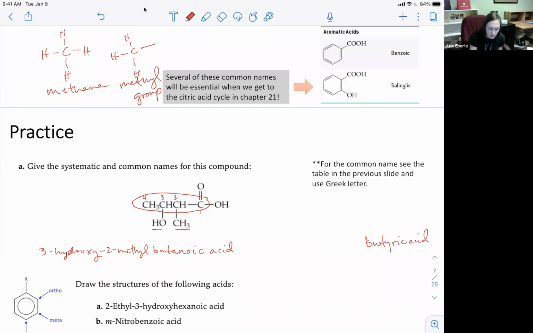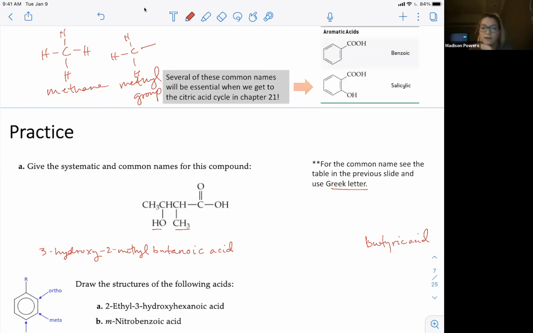Now we have to use the Greek letters for the substituents. This is our carbonyl carbon. So we go 1 over and we call this alpha. We go 1 more over, we call this beta. And then this one would be the gamma.